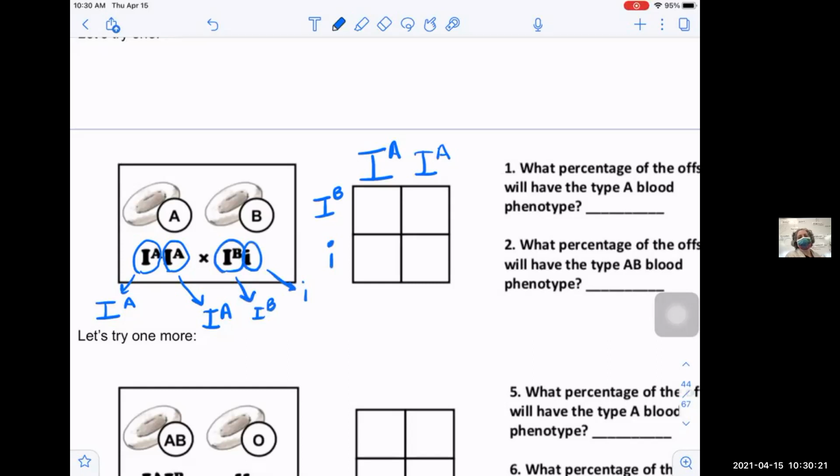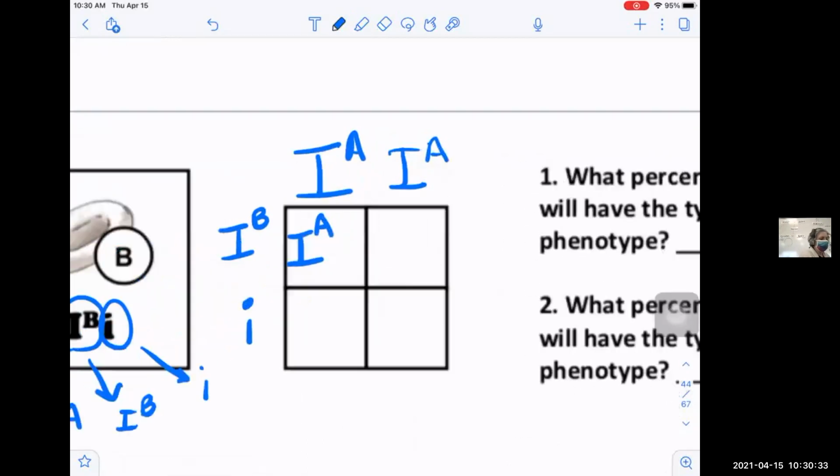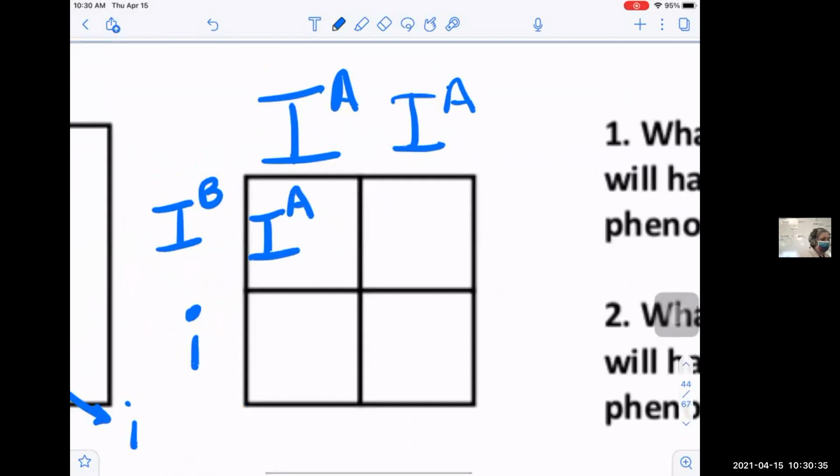And then if there's a dominant and a recessive, you still write the dominant first. Okay, that has not changed. And you always keep the superscript with the dominant I. Okay, so keep it with it. It gets a little tighter in the Punnett square, but you can do it.